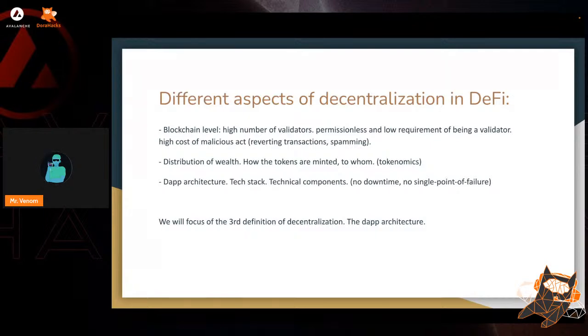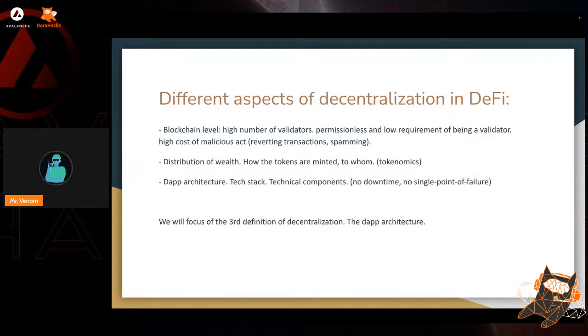Also the requirement of being a validator: is it a high requirement or a low requirement? And also the cost of a malicious act, we want it to be high such that reverting transactions and spamming the network is not possible.